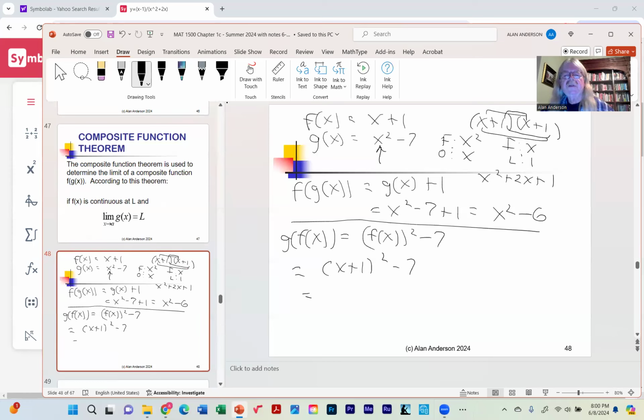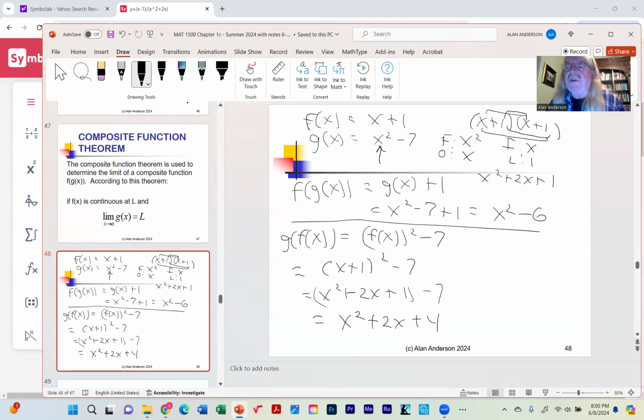So that means this becomes x squared plus 2x plus 1, all of that minus 7. And that's our final result.